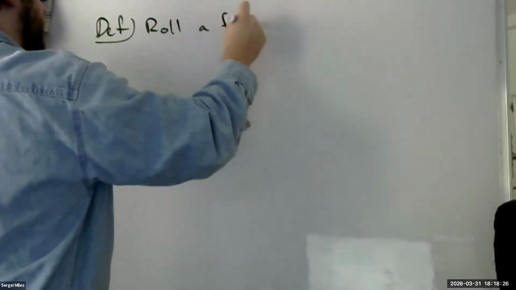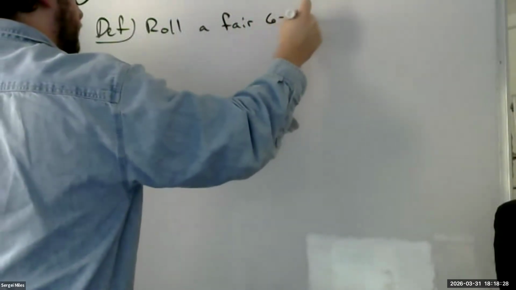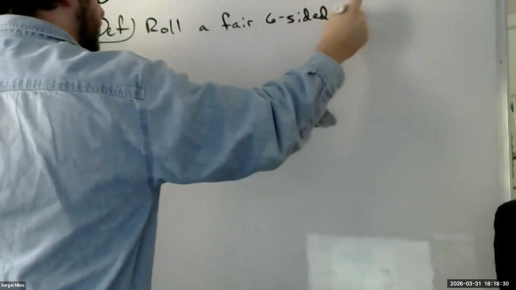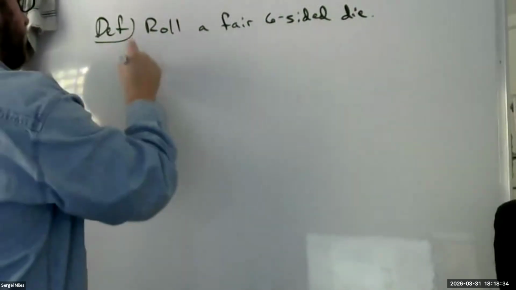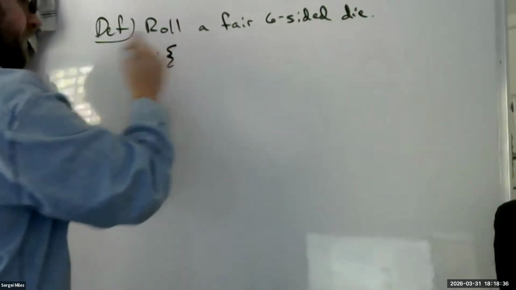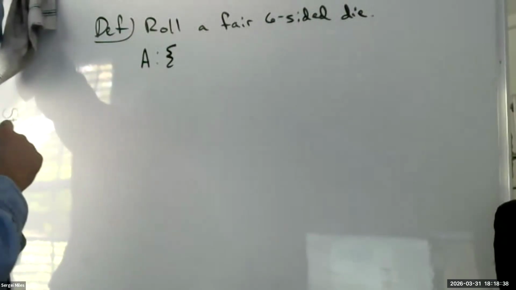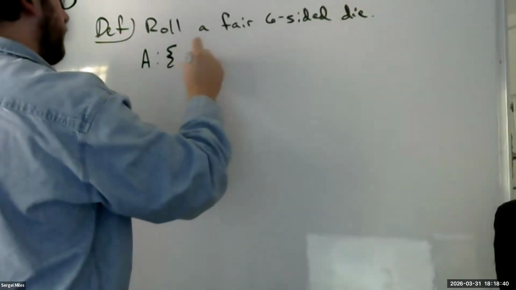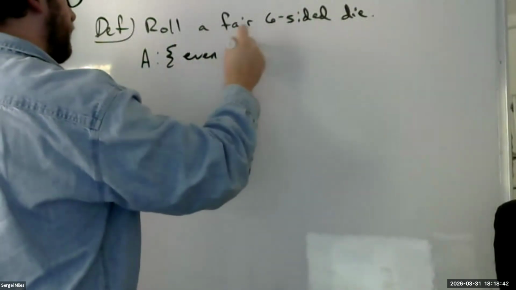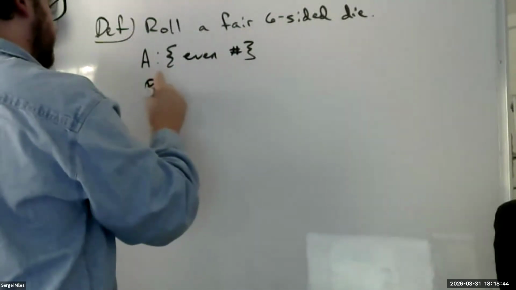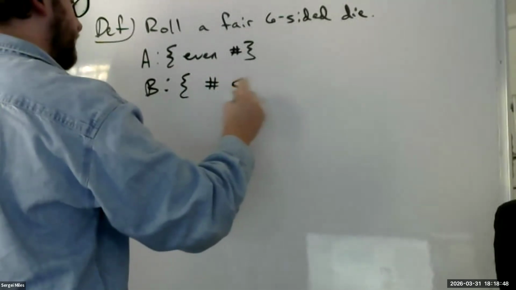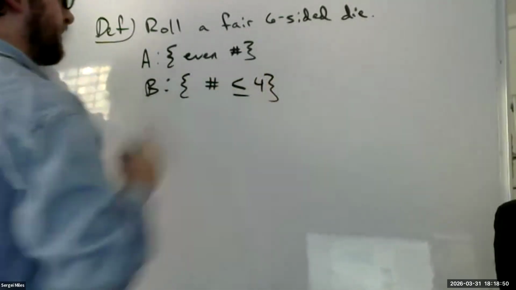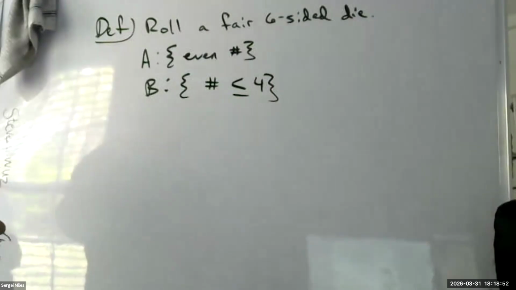Let A be the event that we have an even number. So similar to what we did earlier, but we're going to change it a little bit. Let B be the event that we have a number which is less than or equal to 4.